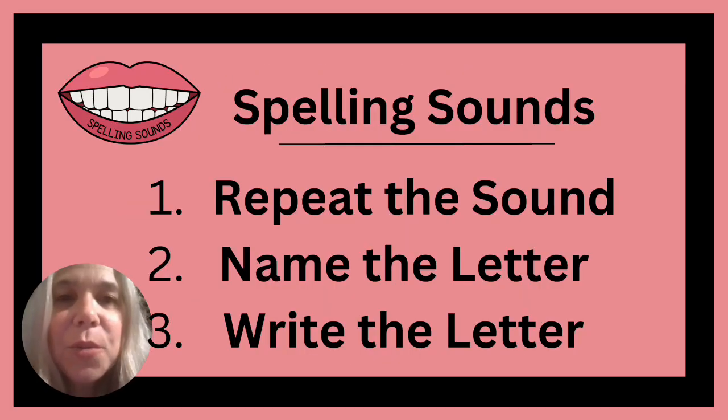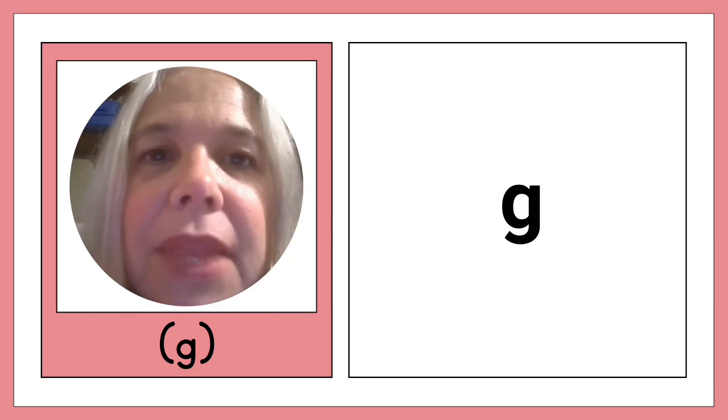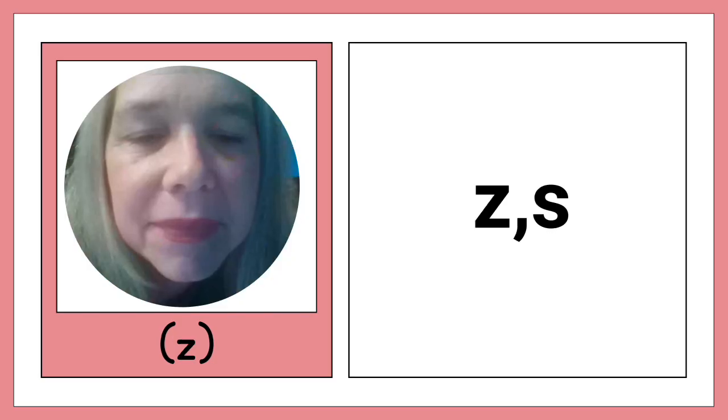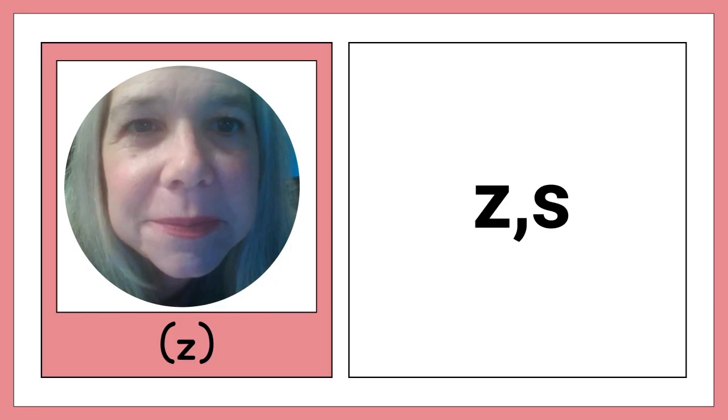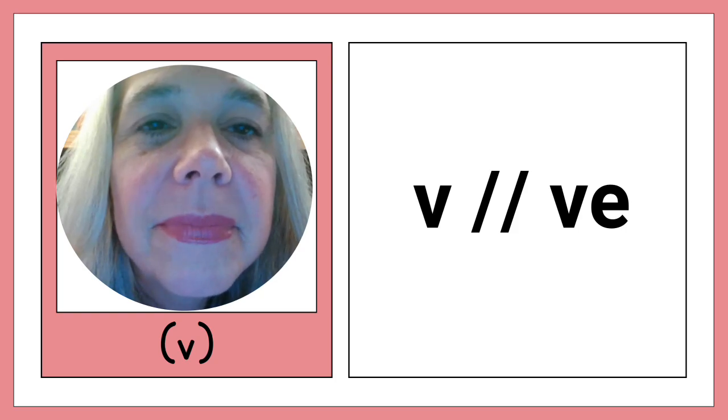Spelling sounds. Repeat the sound after me. Name the letter and write the letter. G. Z, comma, S. V. Final position, VE.